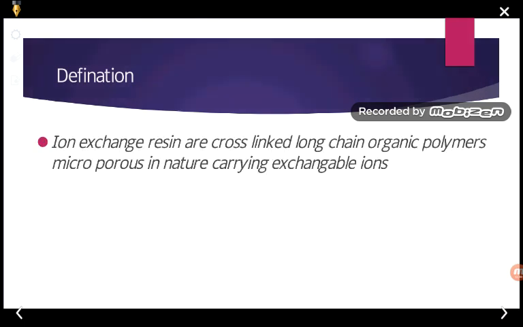Next, the definition. How will you define deionization or demineralization? Demineralization means removal of the minerals. So here is the definition: ion exchange resins are cross-linked long chain organic polymers, microporous in nature, and carry exchangeable ions.